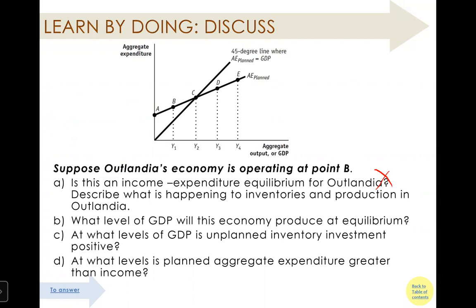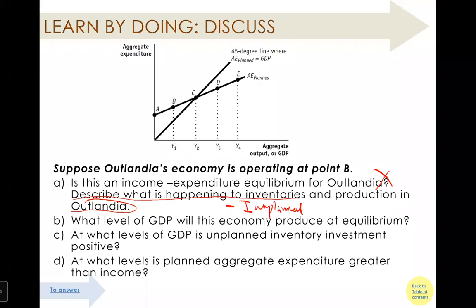Now, this question also asks you to describe what is happening to inventory and production if we are at B. First we know you have a negative I unplanned. You underestimate. But what happens next in terms of production? The business will keep up their pace, so they're going to produce more so that they can satisfy the unmet demand, or get rid of this negative unplanned inventory investment.